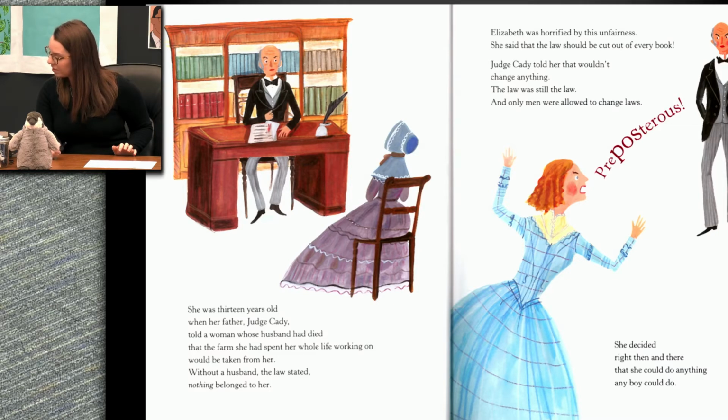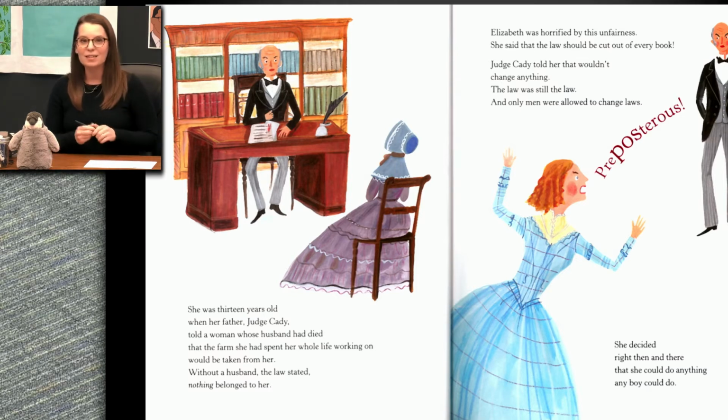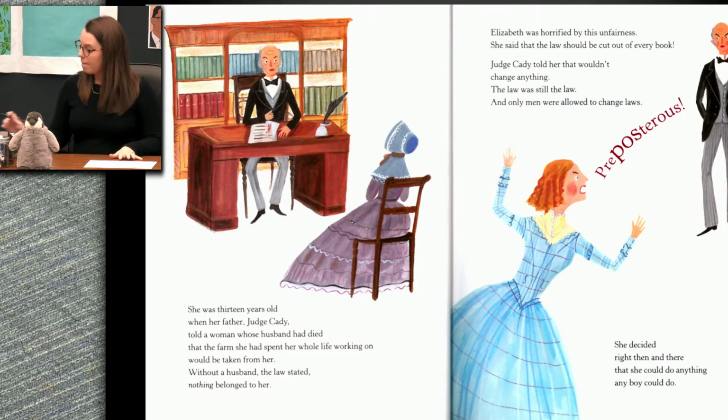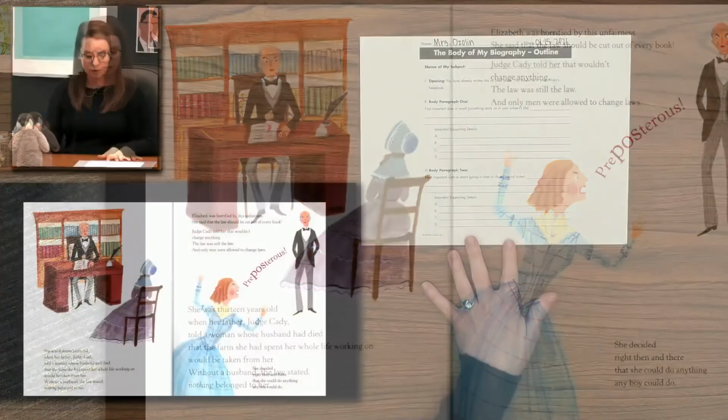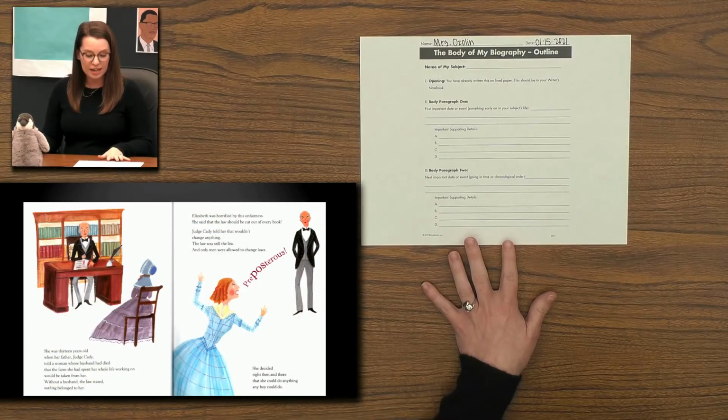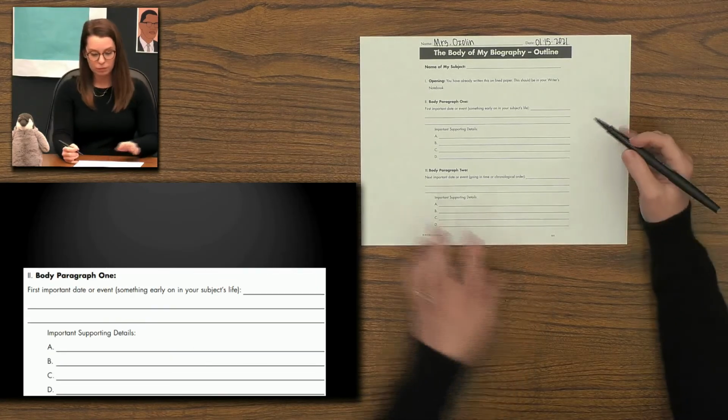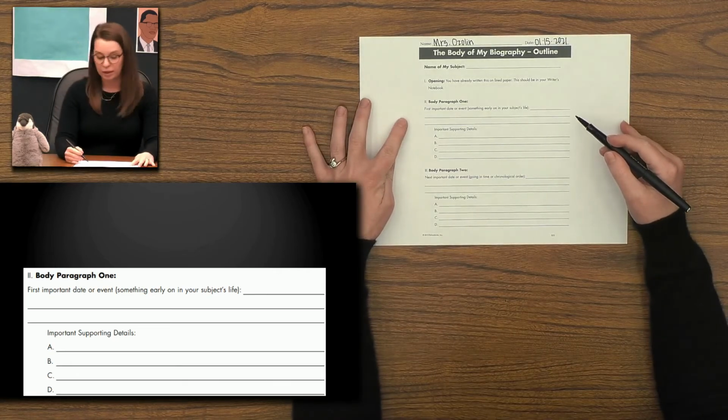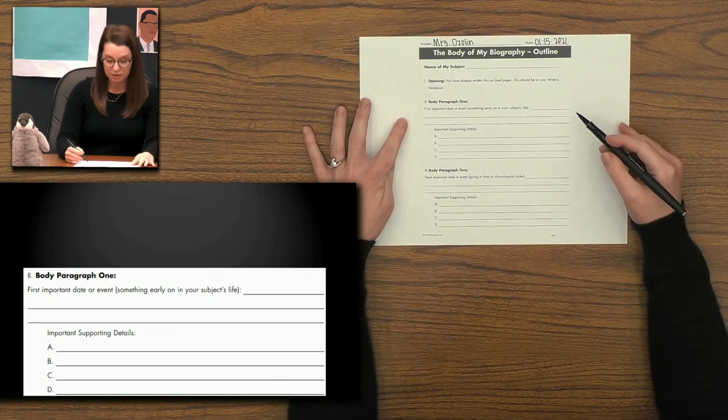Now on the next line it says, she decided right then and there that she could do anything any boy could do. I think that is the big idea that we're going to include in our body. So if you look at page 23, it says, first important date or event. That's where we're going to write that big idea.